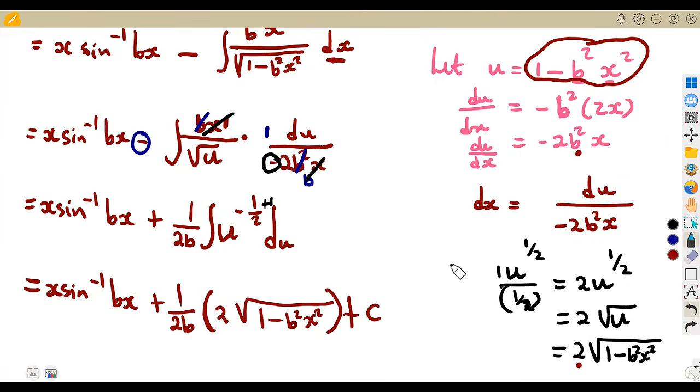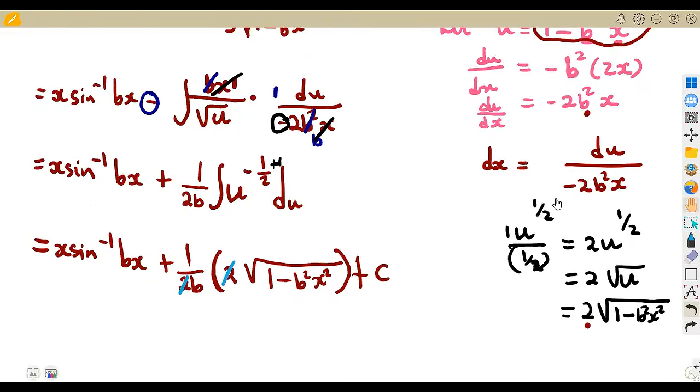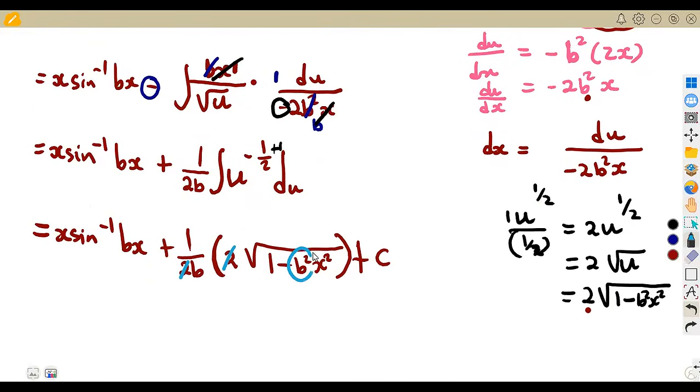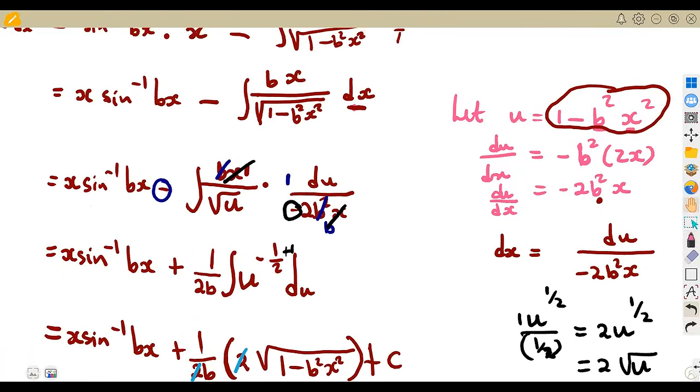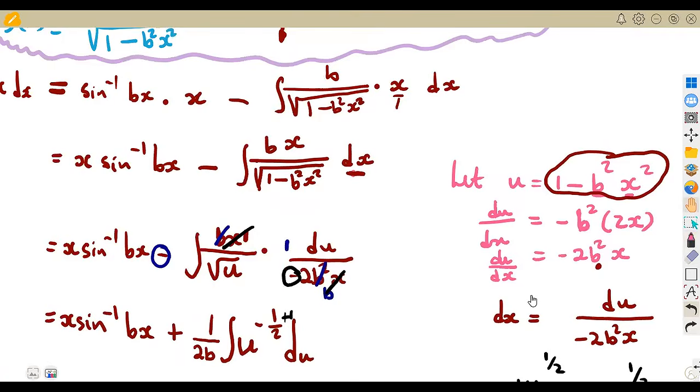So we just have to simplify what can be simplified like this part, the 2 and the 2 can cancel, all right? And also if we check this b squared x squared that we see here is the same as this part here. Where is it? Here. I want you to see something.